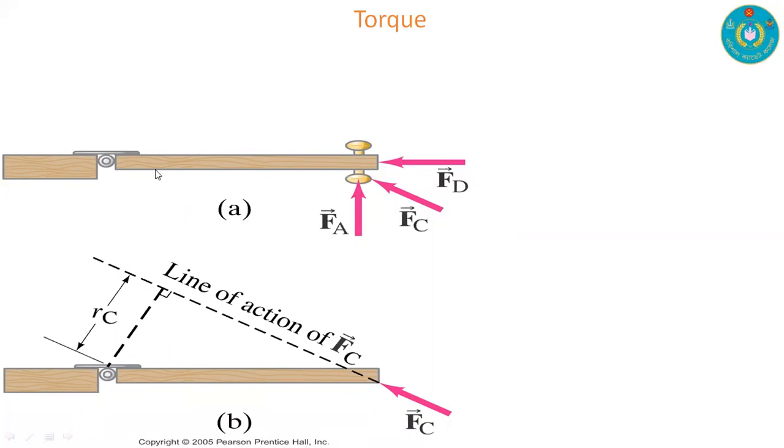For Fa, we have the radial distance Ra, and for Fc, we have the radial distance Rc. With the help of this diagram, we can say that for Fa, it is easier to move this diagram.